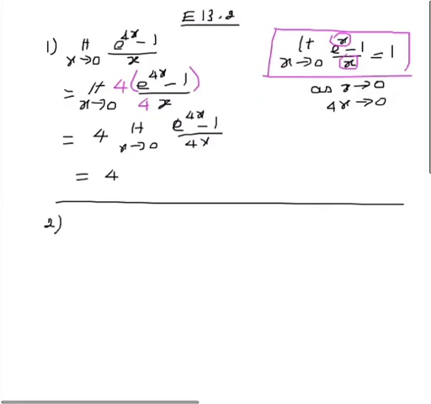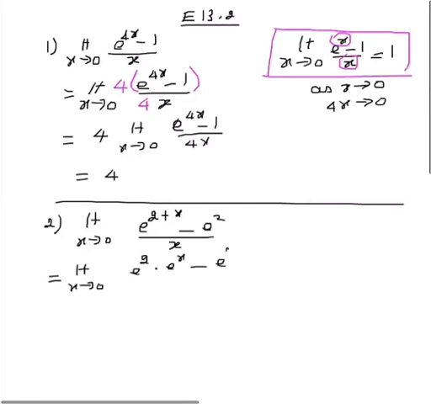Second question. Limit x tending to 0 of e raised to 2 plus x minus e square divided by x. We can separate this power as e square into e raised to x minus 1, divided by x.